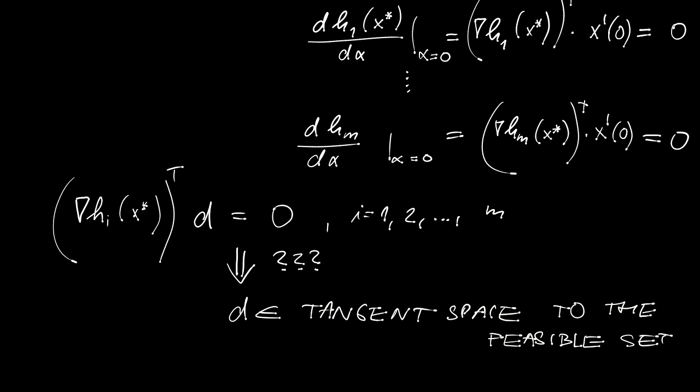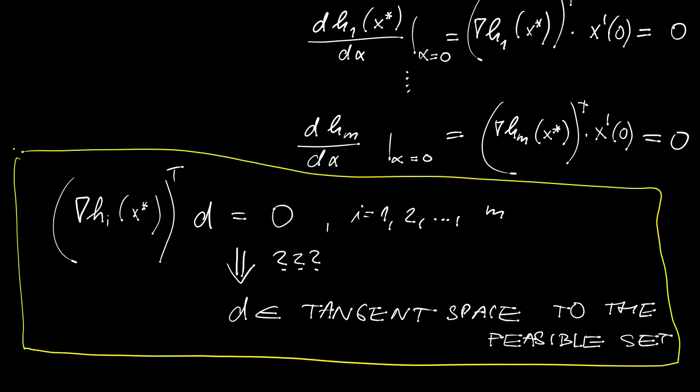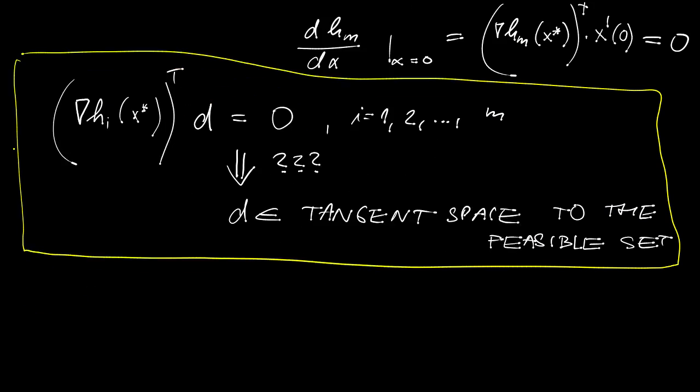And the answer to this question, in fact, it's a pretty important question. In fact, through this question we are asking what is actually the characterization of the tangent set?